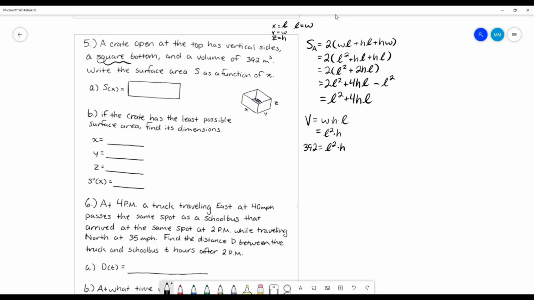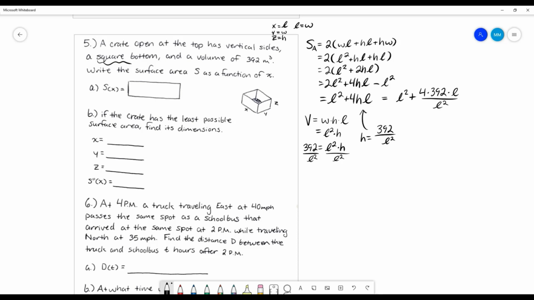So I'm going to take the h and put it in terms of our L there. Or I guess I should be using x technically. But yeah, so I'm actually going to divide by our L. So now h equals 392 divided by that. So I can plug that up into there. So our surface area equation is this. So it's 4 times 392 times L over L squared.